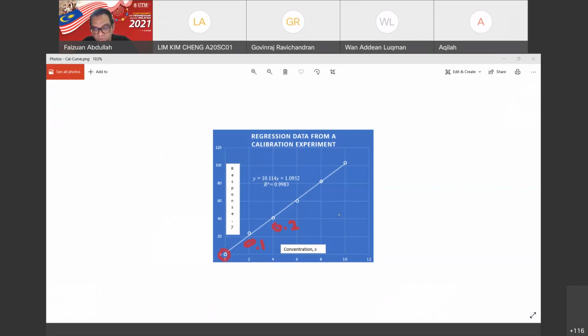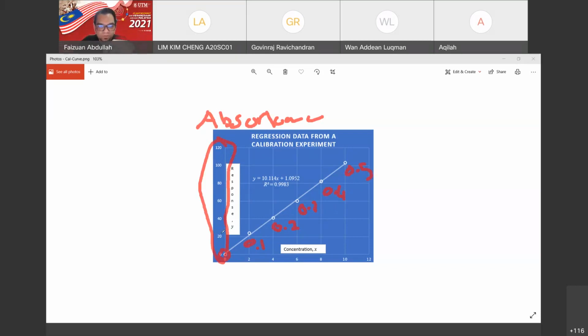Remember, the instrument doesn't know the concentration. The instrument only detects the response, which for AAS is the absorbance. So with this increasing absorbance, we tell the instrument this is 0.1, 0.2, 0.3, 0.4, and 0.5.